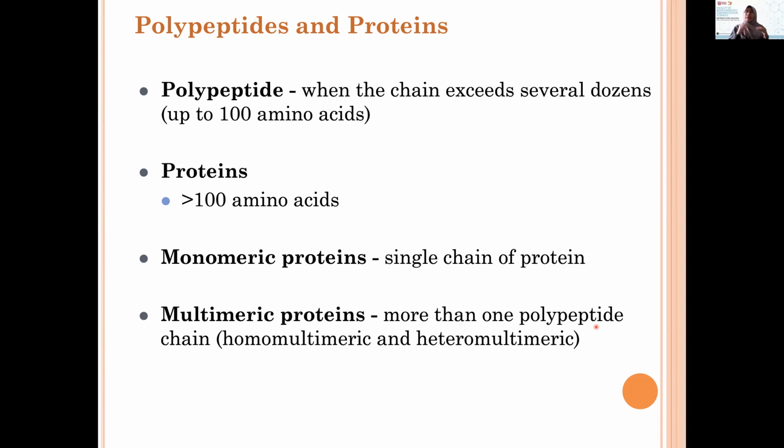If you have the repetition of a similar one, for example, an alpha polypeptide, this 20 amino acids, and then it has another 20 amino acids with a similar sequence to the above one, then we can call it a dimer, a homodimer. So hetero is for different types of polypeptide, different sequences of polypeptide. But if it is similar, it will be homo.